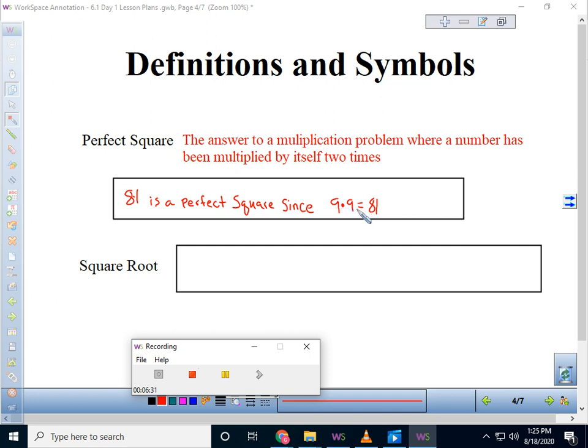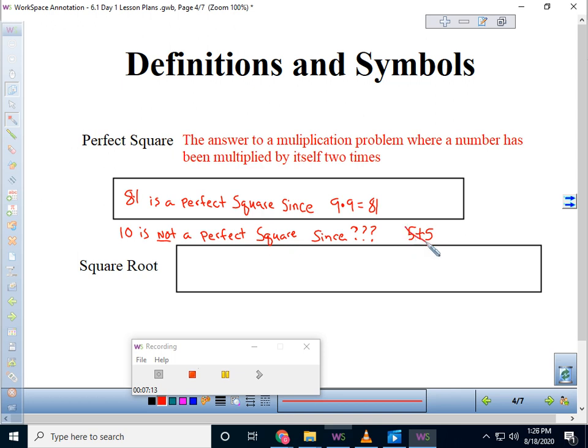Now, let's look at an example that's not a perfect square. I said 10 is not a perfect square since no number times itself equals 10. Well, you could say 5 plus 5 is equal to 10, but we're not talking about plus.